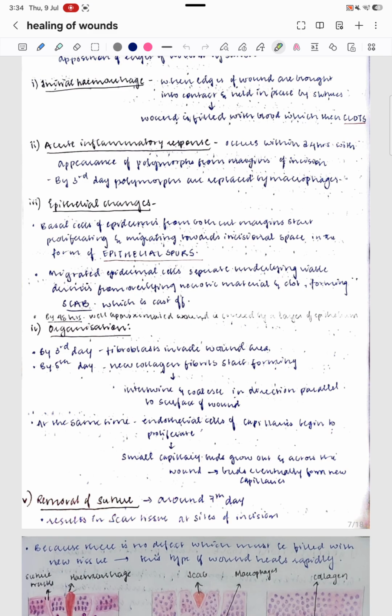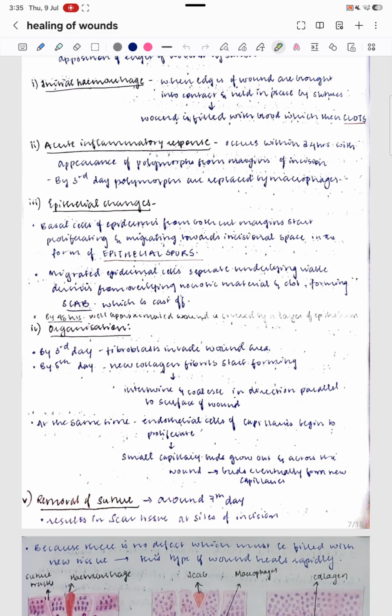Basically, if this is your wound, the basal cells, that is the cells lying on the basement membrane, grow near. They grow in layers, and then there is formation of epithelial spurs, that is, the epithelial basal cells migrate towards the incisional space, forming epithelial spurs.